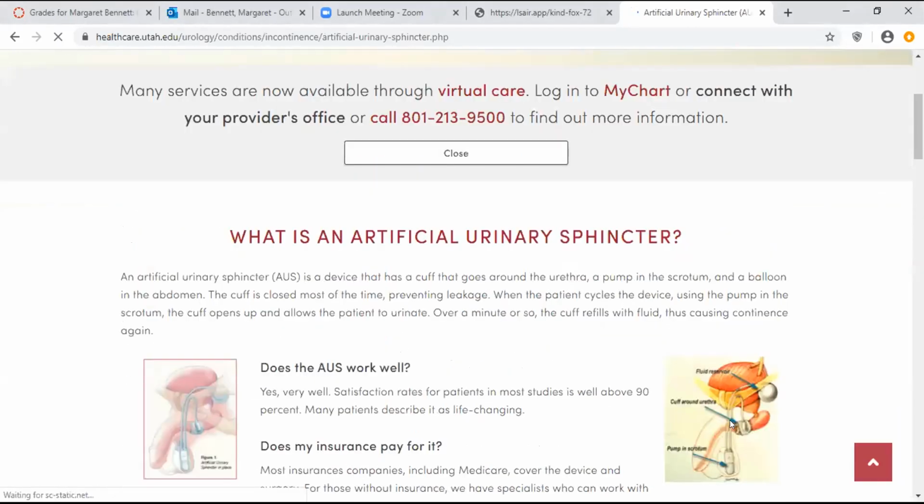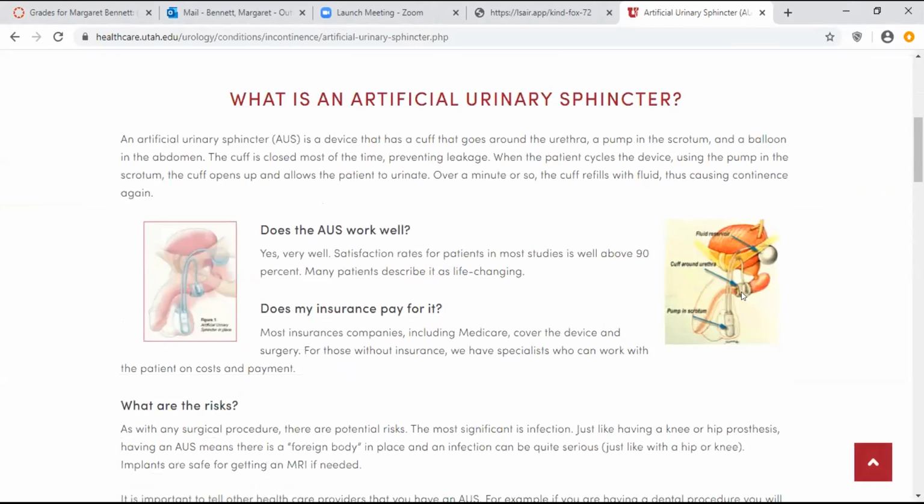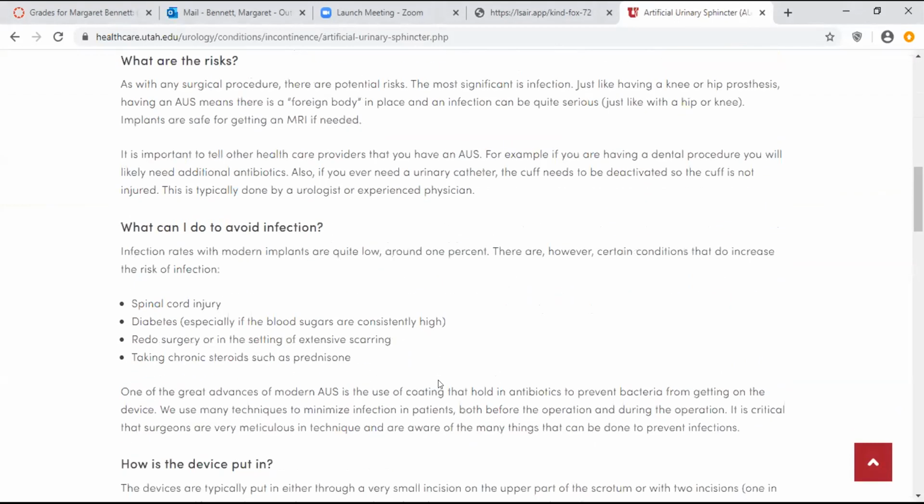I've never seen anything like it either. If you see this picture in the corner, it is internal. It has a cuff around the urethra, and it also goes into the bladder. It's very weird. And it looks like it's actually in the testy, where I don't know where it's controlled.